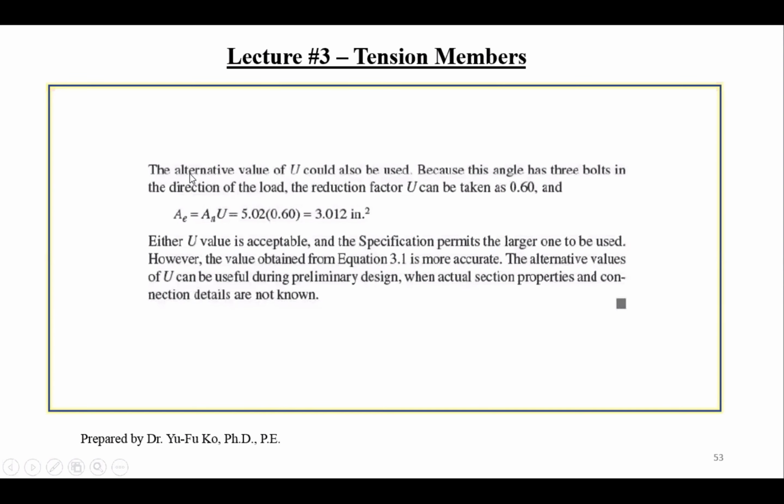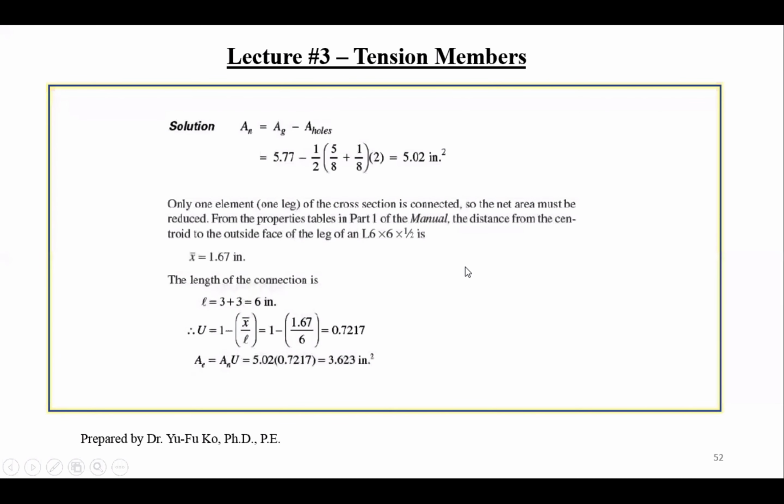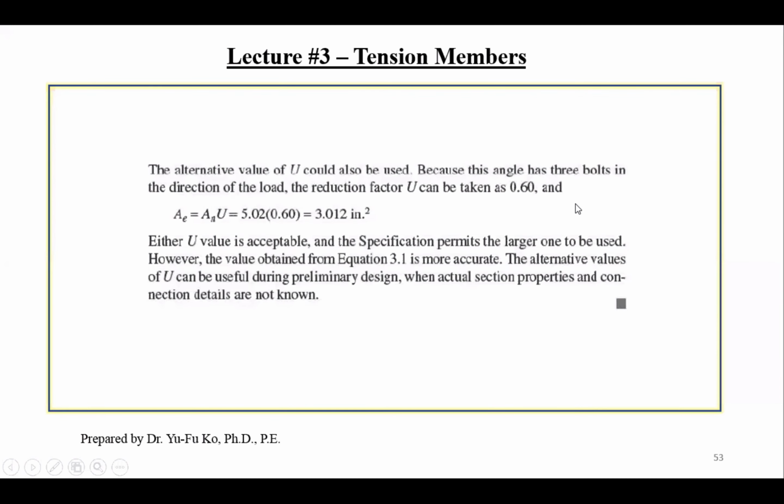So, like I said, the alternative value U can be used here because the angle has 3 bolts in the direction of loading, meaning you got 3 bolts in the direction of loading. So the U can be taken as 0.6. So your AE is 3.012.